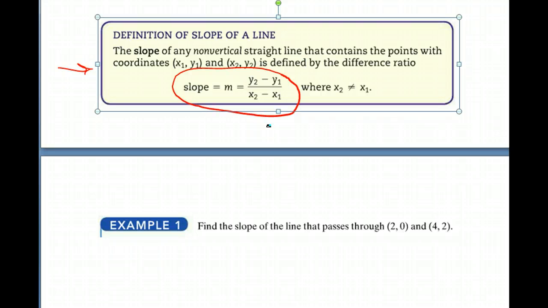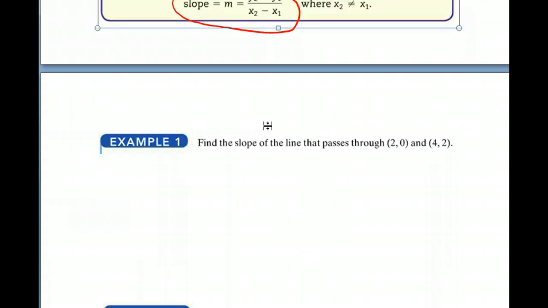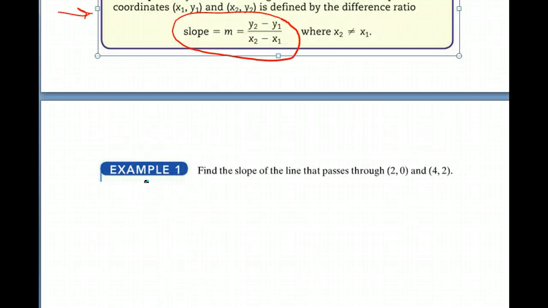What's important here is not so much that we particularly start with x2 or y2, but that when you choose a point to be x2 and a point to be x1, you have to make sure that you plug into your slope formula appropriately, because if you look back at that formula, your y coordinate for the second ordered pair comes first. The y coordinate for the first ordered pair comes second.